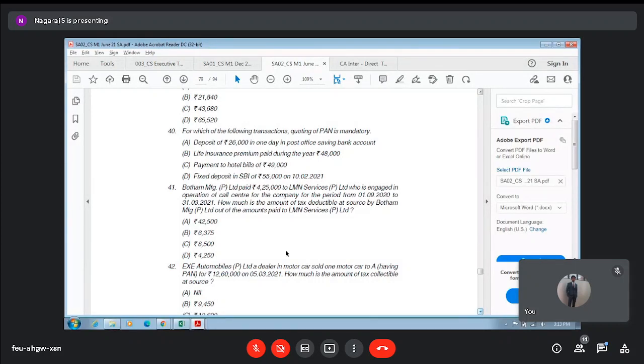For my curiosity sake, can anyone tell me the answer for 41? Botham Manufacturing Private Limited paid 4,25,000 to LMN Services Private Limited, who is engaged in operation of call center. When you see this word, call center, what should click to you?